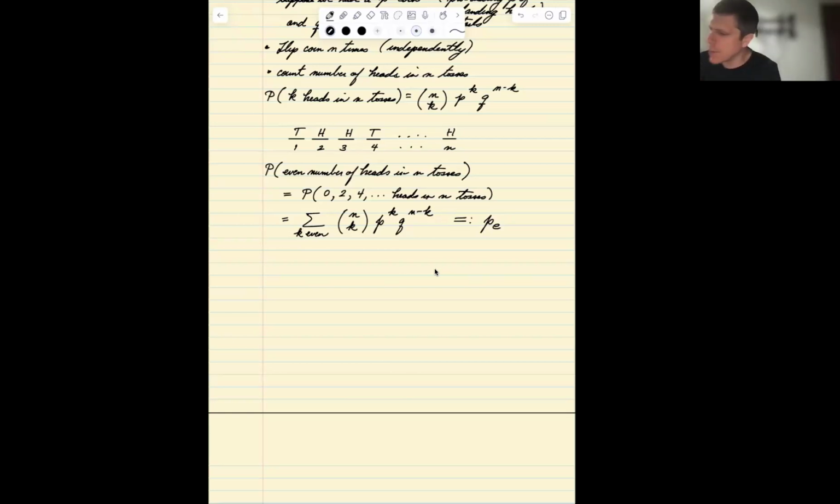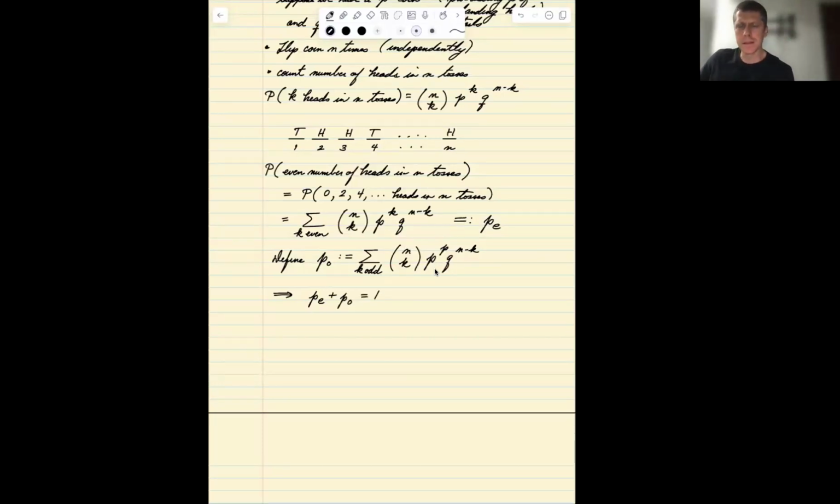And similarly, let's define p sub o as the probability of an odd number of heads. That's the complementary probability. We know that p sub o equals 1 minus p sub e, and because of that, p sub e plus p sub o equals 1.